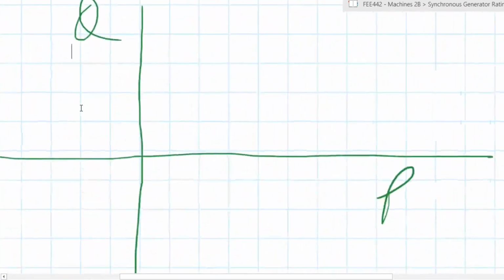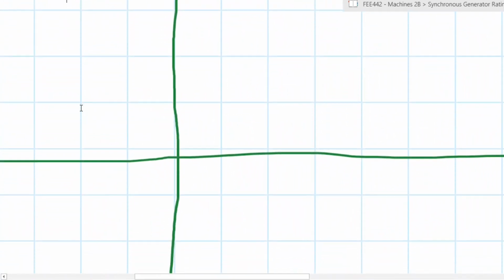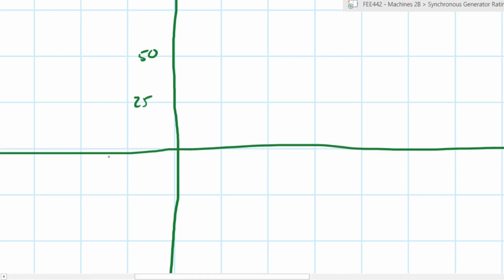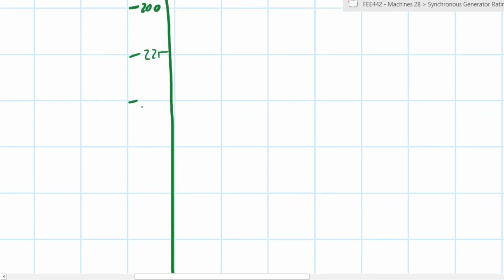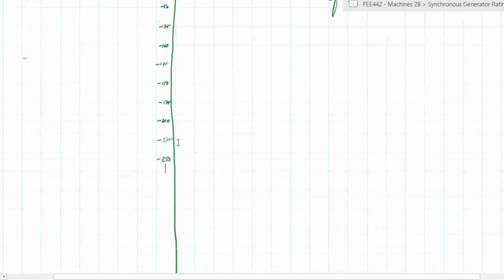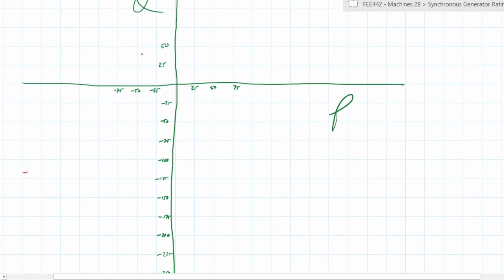Let's zoom in a bit, and let's take the scale to be in terms of 25. So this is 25, 50, 75. Right.